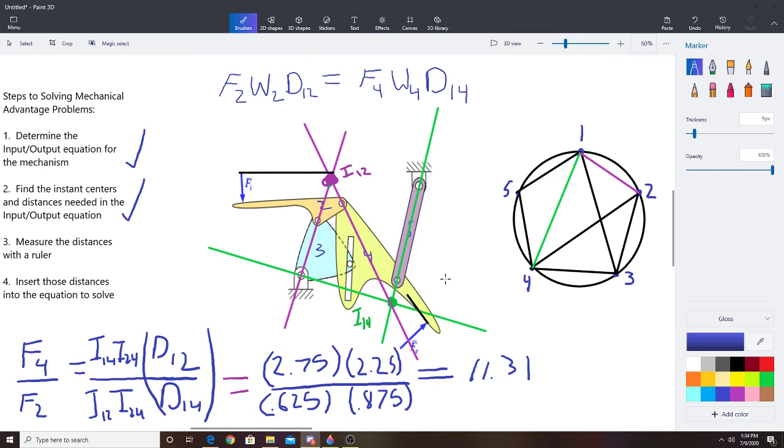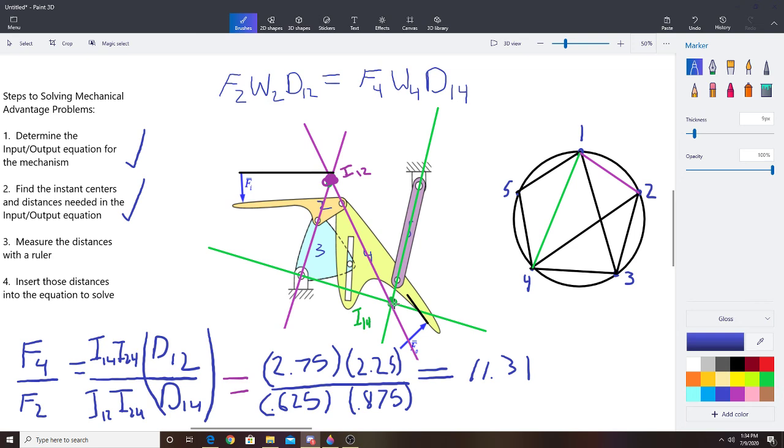Basically all it came down to was where we put one of the instant centers. It came down to only that, and I got credit and so did they.